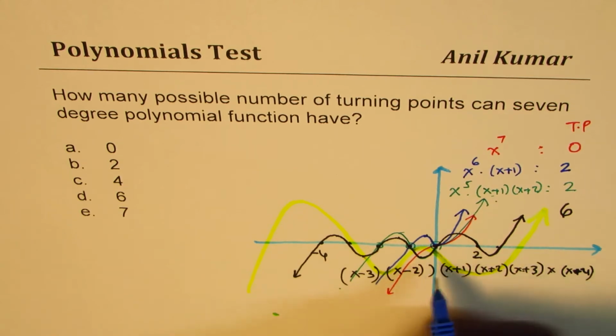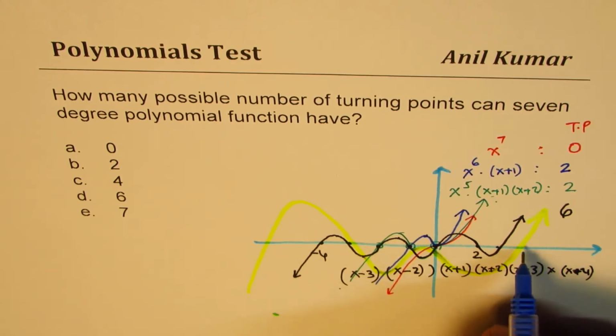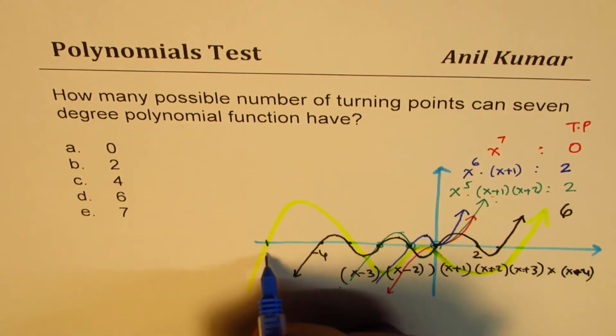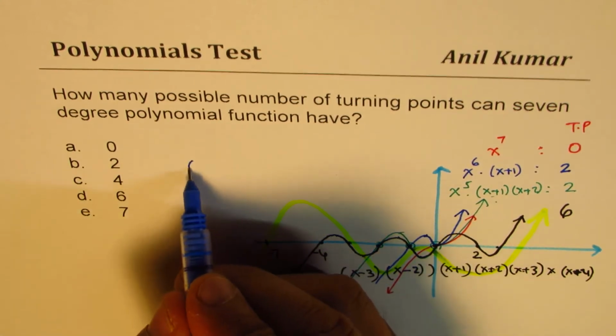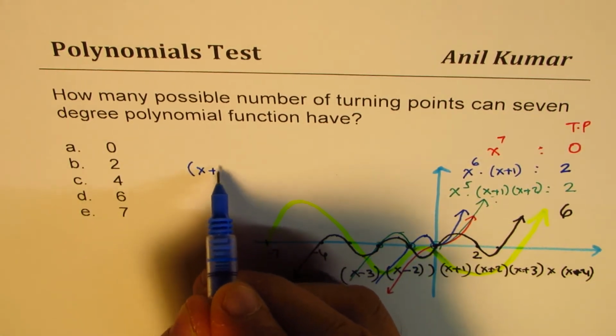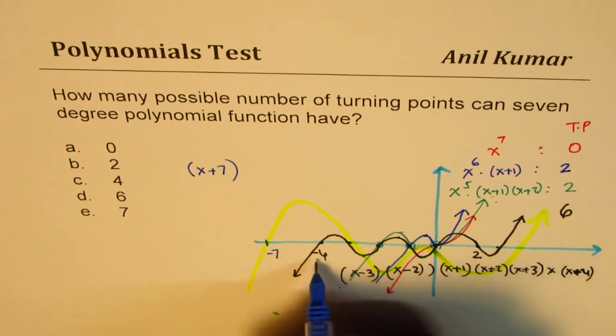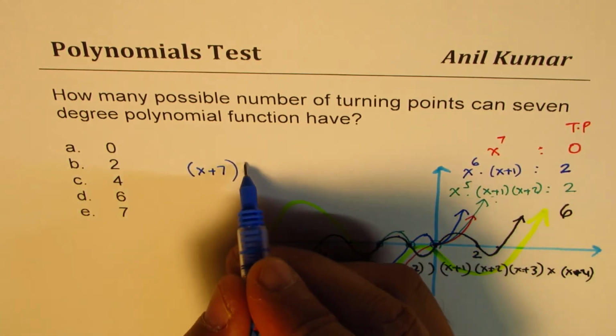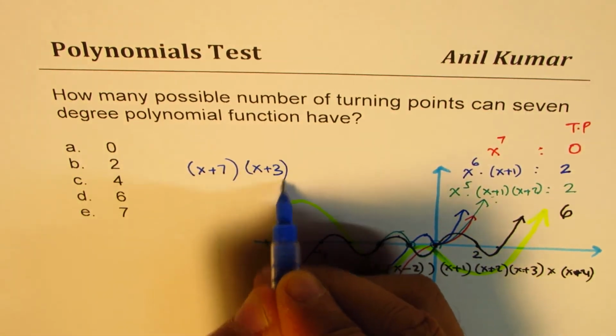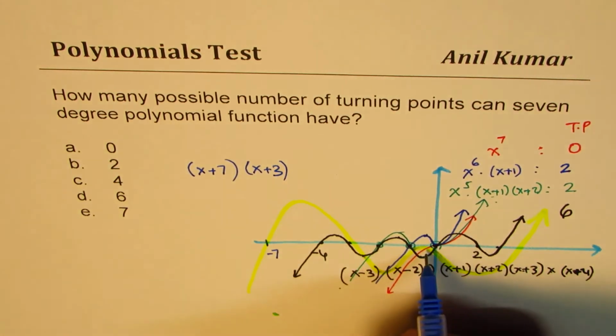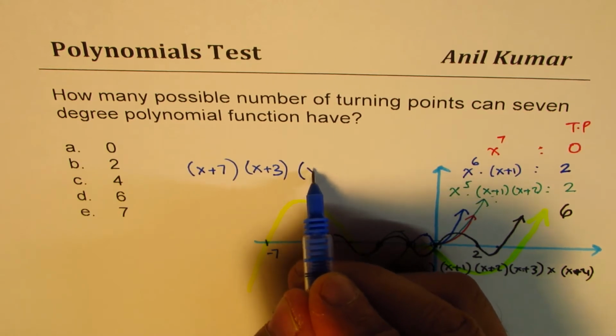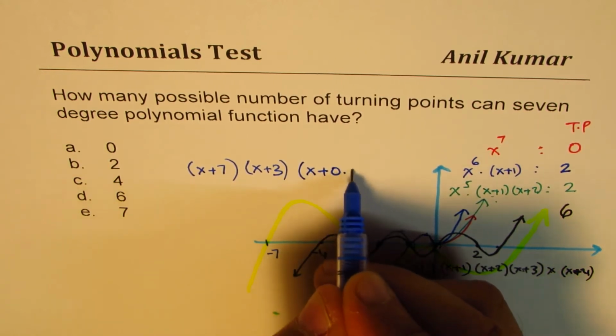Now to make it degree 7, I could write this point as, let's say, minus 7. So one of the factors is x plus 7. This zero, let it be at minus 3 itself, so x plus 3. So we're taking this as linear. Here, let this be at, say, 0.5, so x plus 0.5.